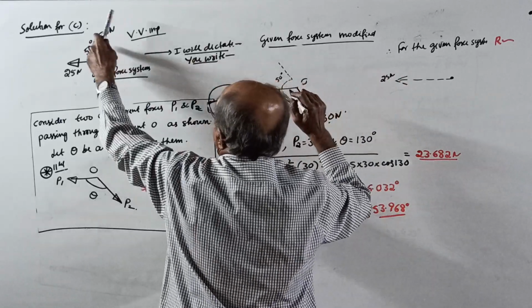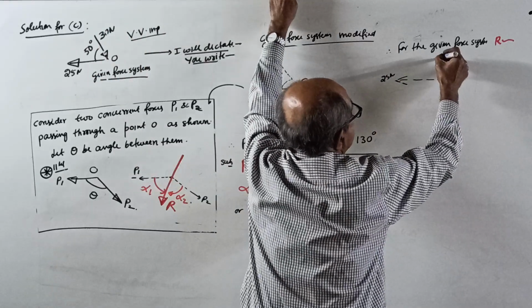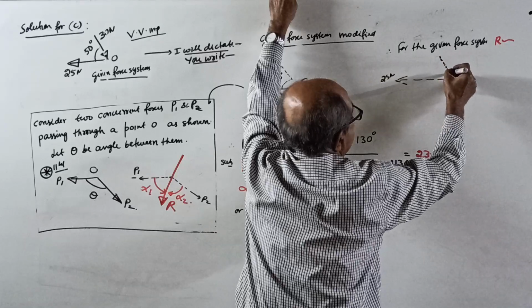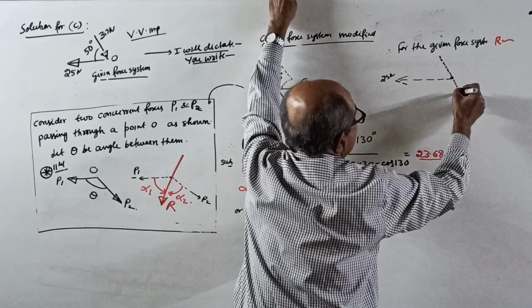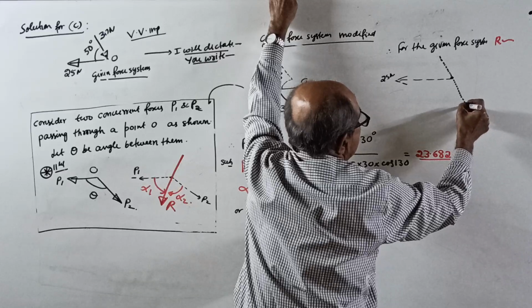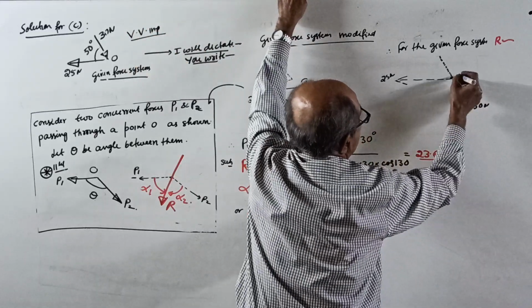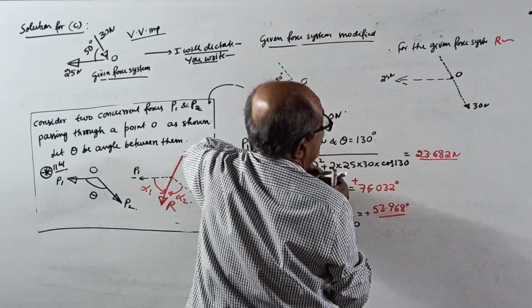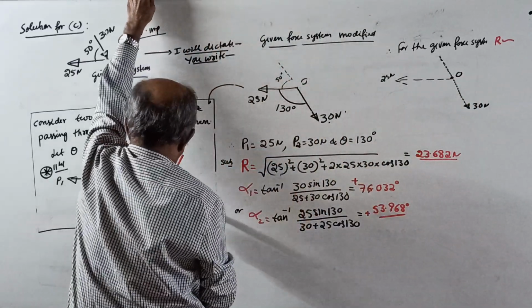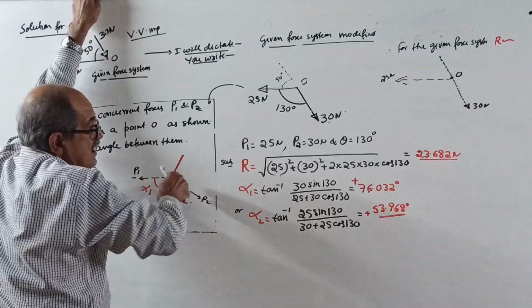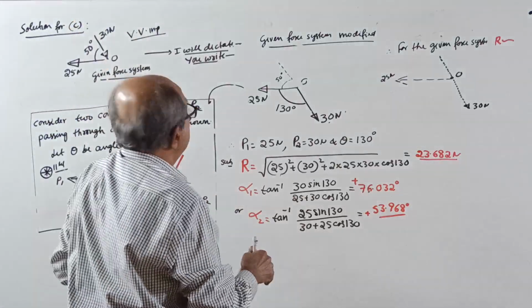Original question they gave this way, so use the same way. They told this way, but continue here. 30 Newton, point O. Angle made by the resultant with the force P1 is 76.032.